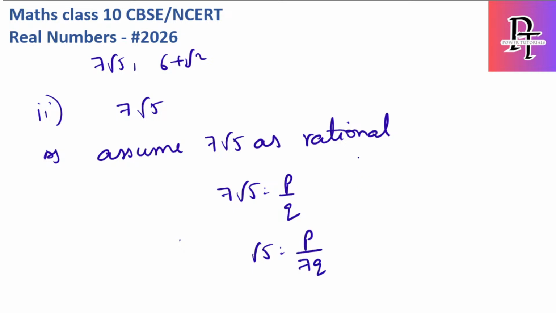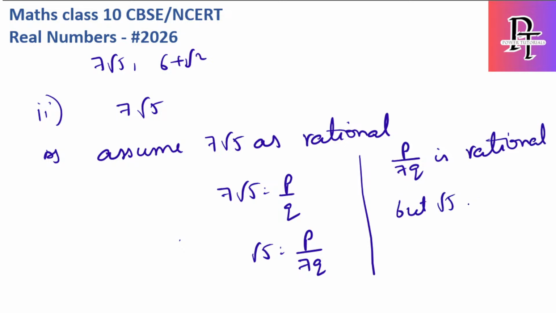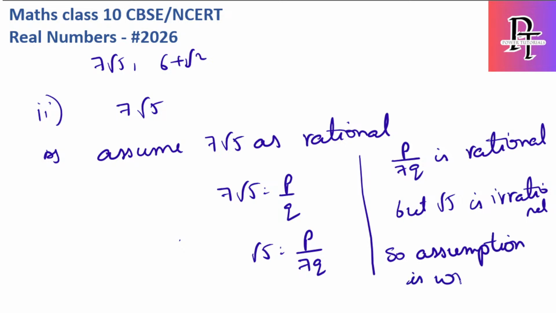Again the same steps from here on. p by 7q is rational, but root 5 is irrational. So our assumption is wrong. It states that 7 root 5 is irrational.